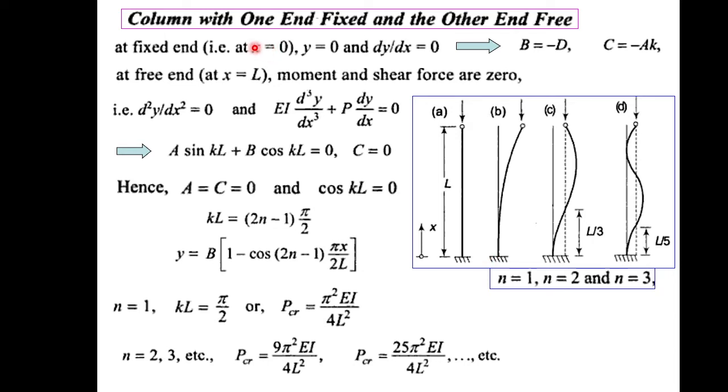So at x equal to 0, deflection 0, slope 0. And if the other end is free, what does it mean? The moment is 0 and the shear force is also 0. So at x equal to L, moment and shear force are 0. These four conditions give us the solution for A, B, C and D.